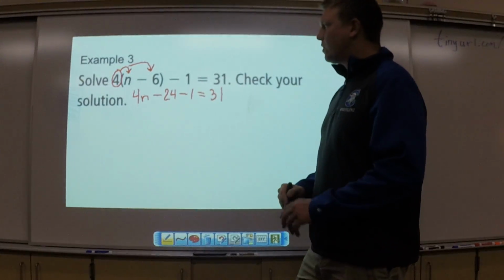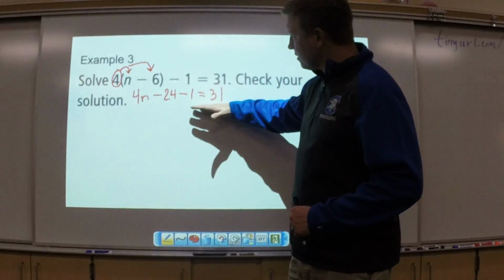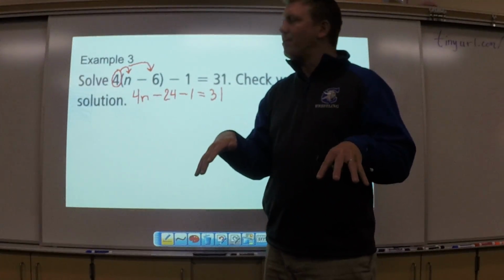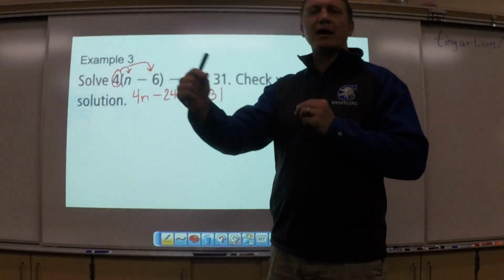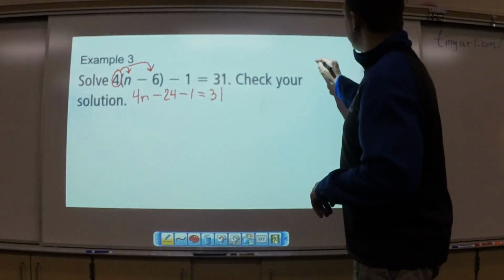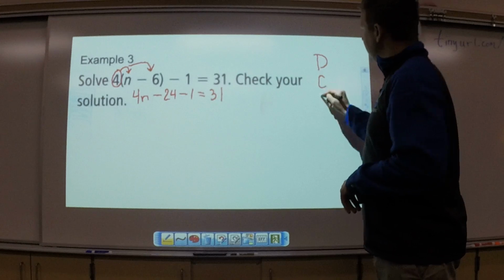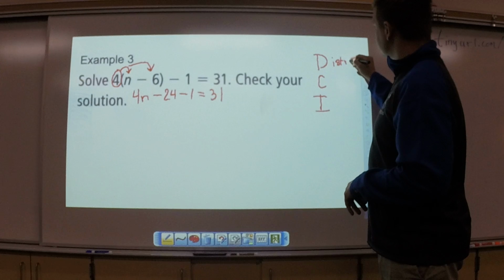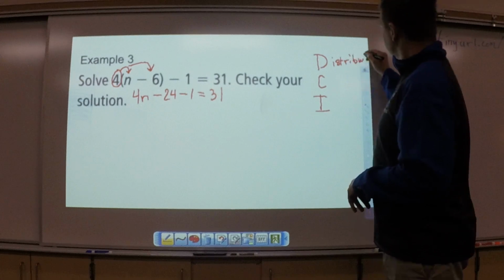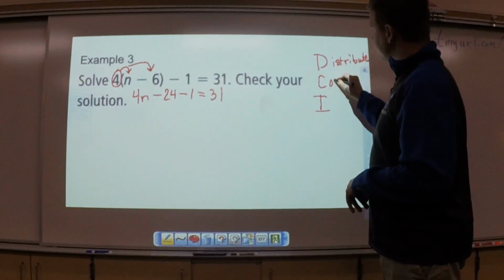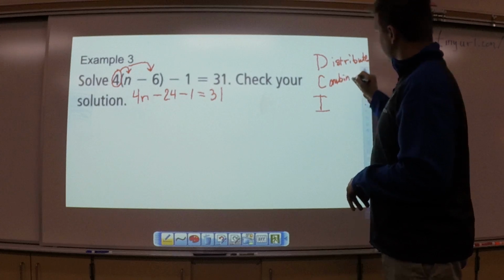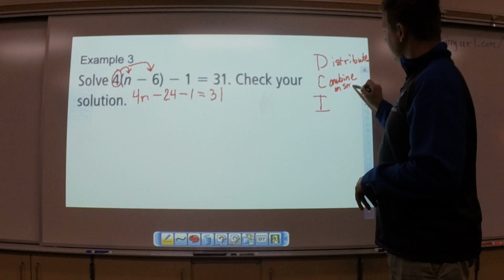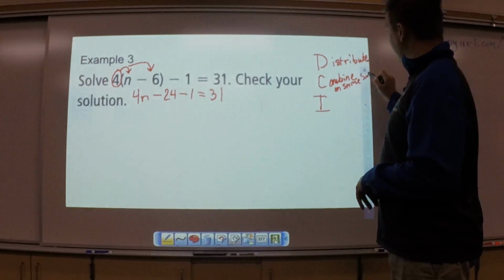All right. So then once I have all of this simplified, there's no parentheses or distributive property left. Then I'm going to combine like terms. We always do it in this order. DCI. It stands for distribute, and then combine like terms on the same side, okay, not across the sides.